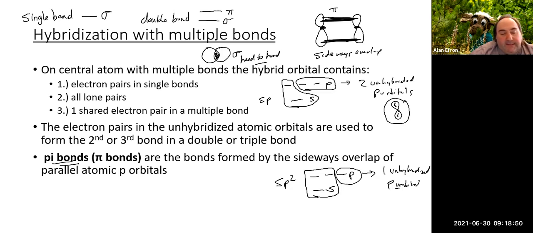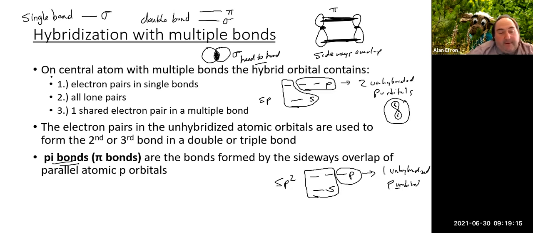So within a double bond, when you draw a double bond, it contains two types of orbital overlaps. We have a sigma bond, which is the head-to-head overlap. And then we have these unhybridized p orbitals doing the sideways overlap to create the second bond for your double bond.